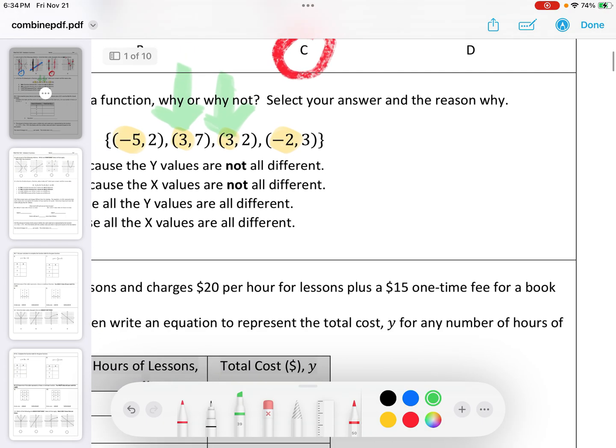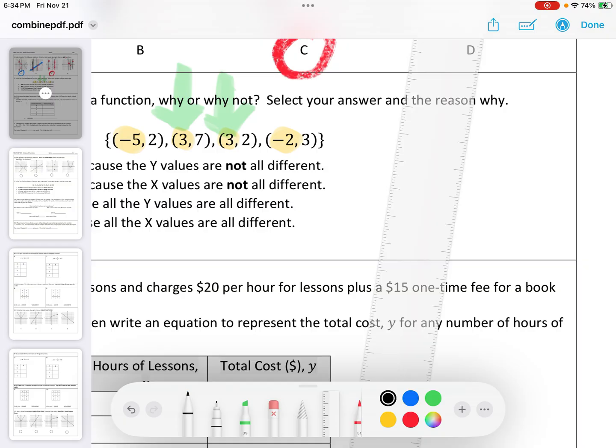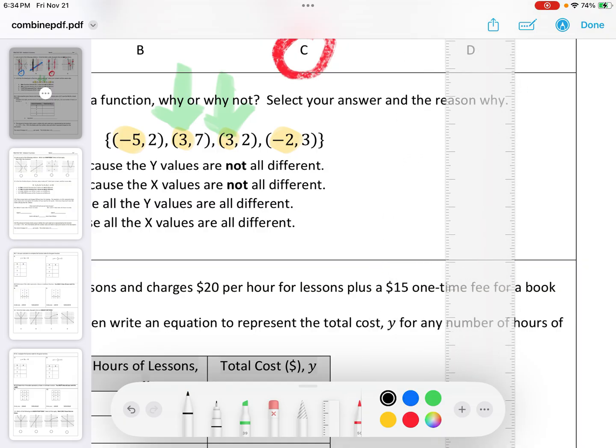And I'm going to graph it just to make sure you can see why it's not a function. So I'm going to make my own little, should I use a ruler? You know what? I am going to use a ruler to make it look better.